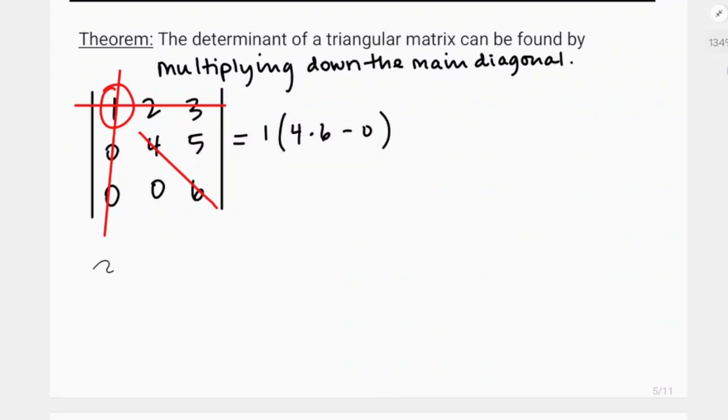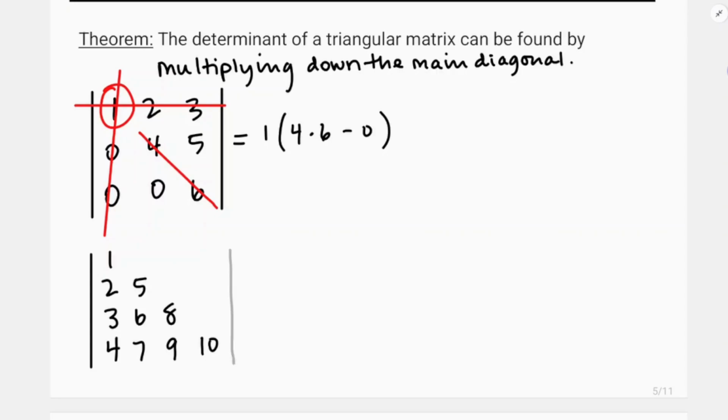I'll show you it's no different. I'm going to make this one 1, 2, 3, 4, 5, 6, 7, 8, 9, 10, and fill out the rest with zeros. I'm going to choose the most advantageous row or column for me, and that's going to be row 1.